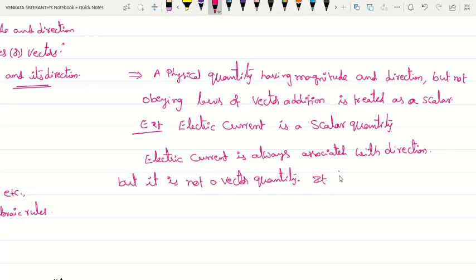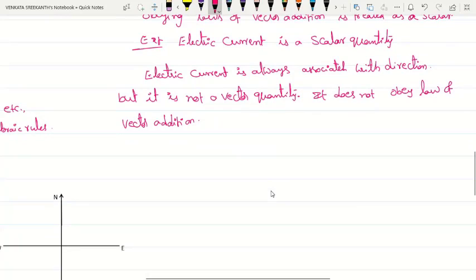Because it does not obey the law of vector addition. Now, which law does it not obey? Please consider this: I am considering one current carrying conductor, I1, and another current carrying conductor, I2.